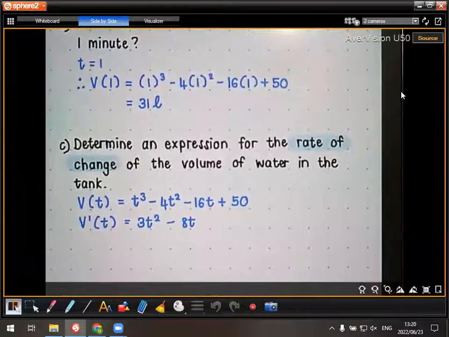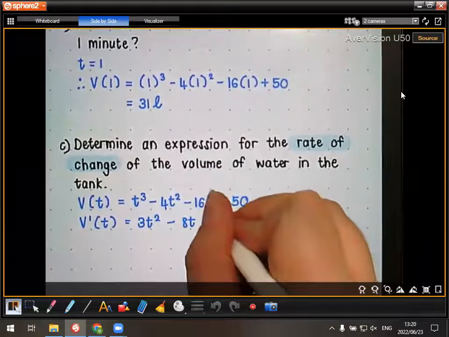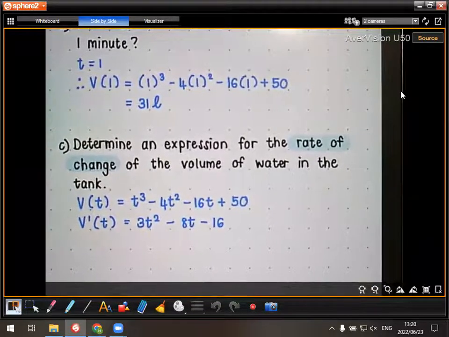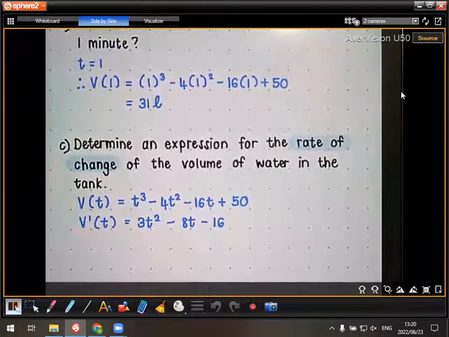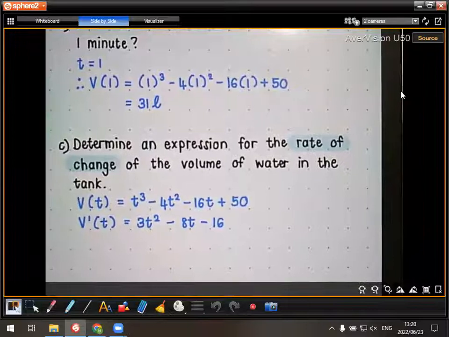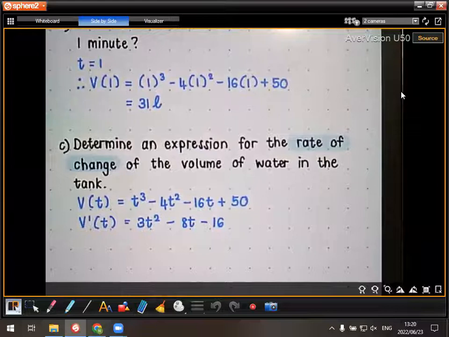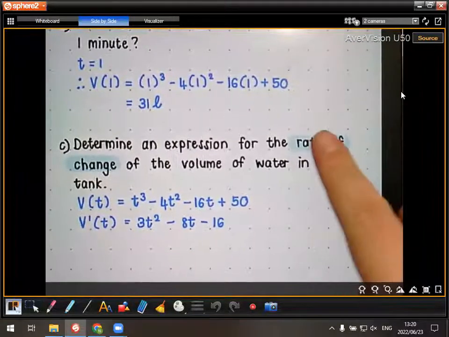And then the derivative of negative 16t is just minus 16. And that's it, guys. That's the rate of change. Note that we do have a t in this. So now they can ask us, what is the rate of change at a specific point in time? Then we're going to have to sub that t value in. So I think that's probably the next question.